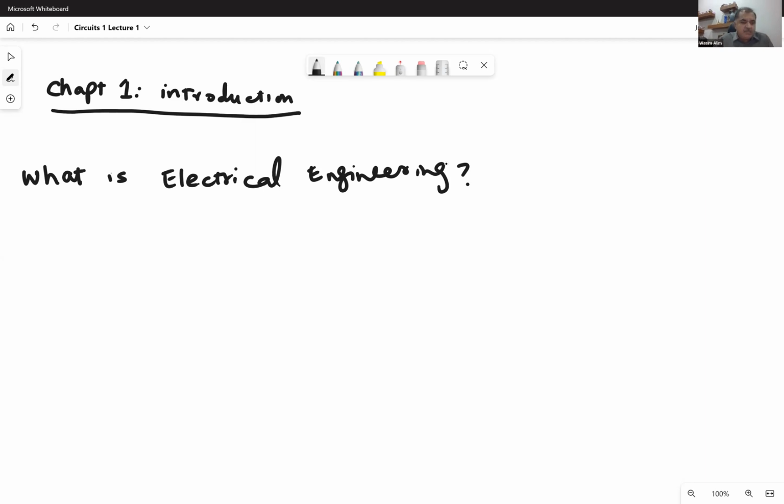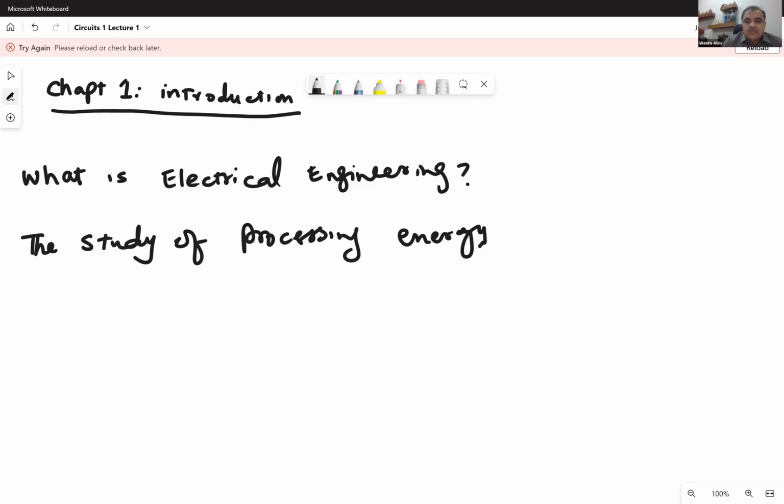A definition of electrical engineering that can be described is the study of processing energy and information. And that really should tell you the two distinct paths of electrical engineering.